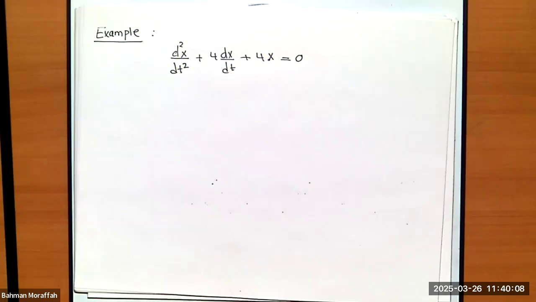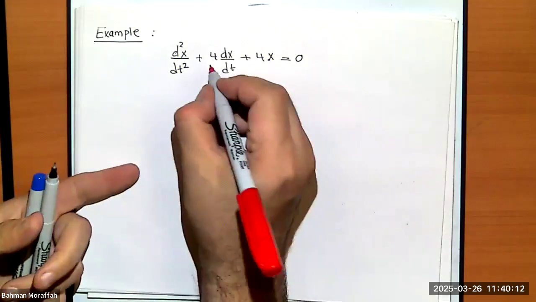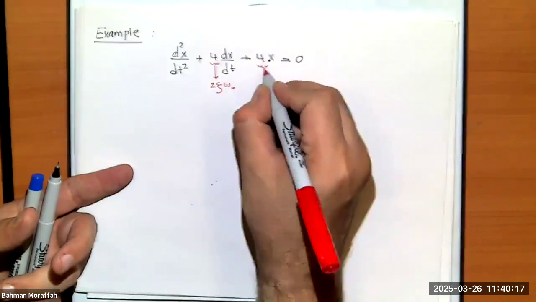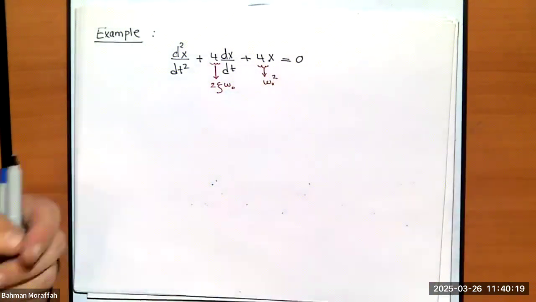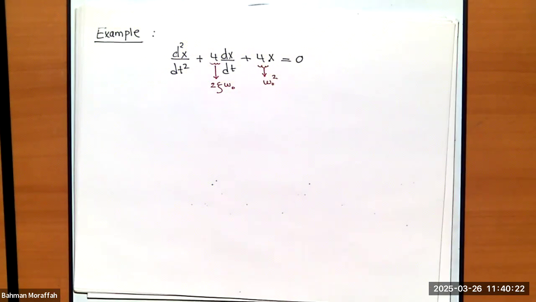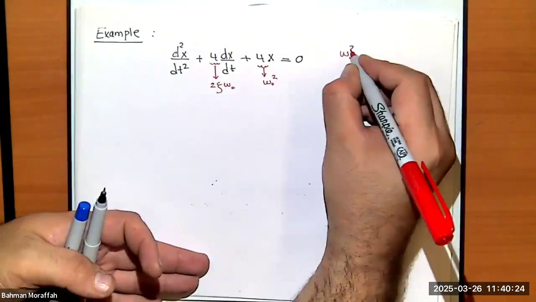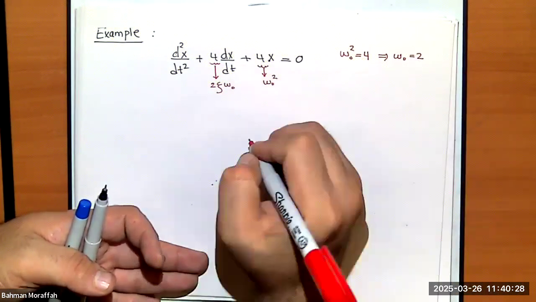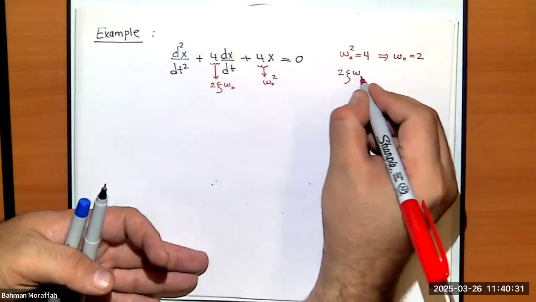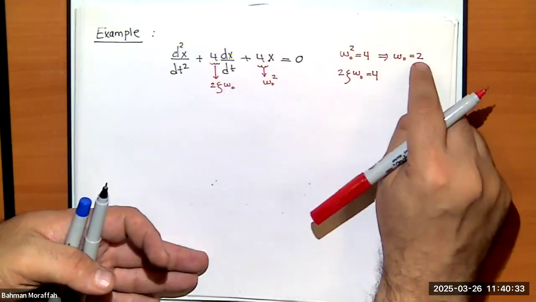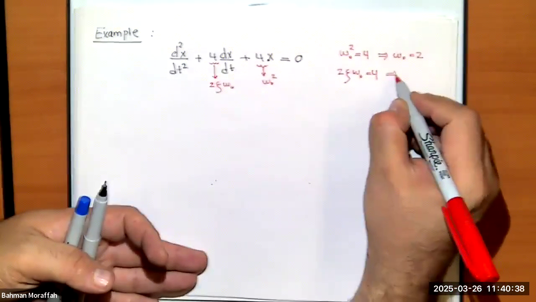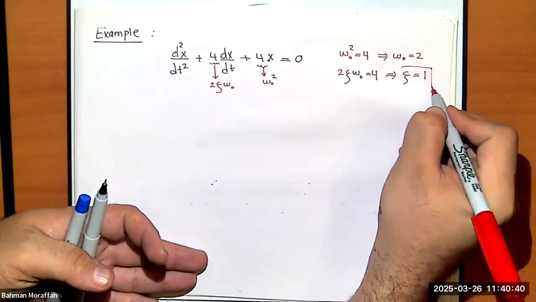If I compare it to the equation that we had, this coefficient over here is 2c omega naught, and this is omega naught squared. I know omega naught squared is 4, therefore omega naught is 2. I know 2c omega naught is 4. I plug this 2 in here, so I have 4 times c equals 4. Therefore, c over here is 1.